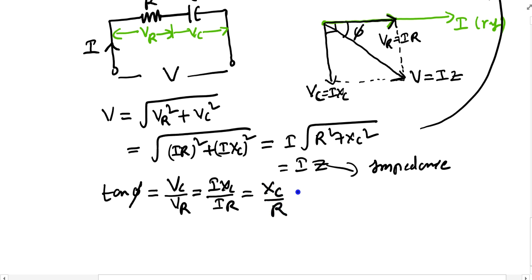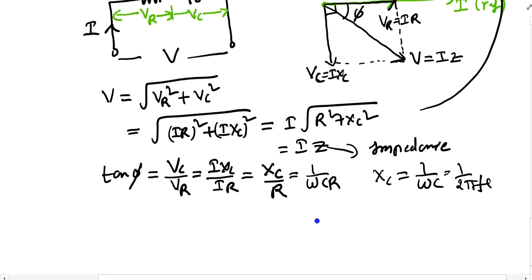Xc by R, you can write, or sometimes Xc is equal to Wc, or 1 by 2 pi Fc. So there are different things we have. So you can also write something like 1 by WCR. This is also some relation you can write.